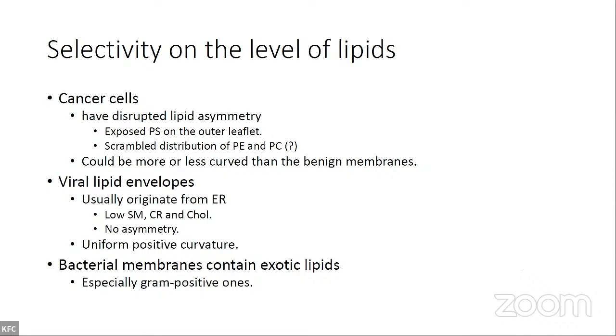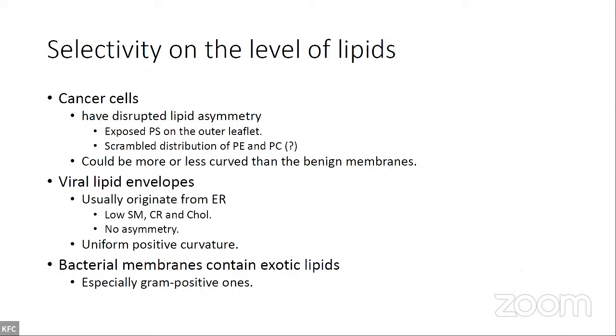So in cancer cells, phosphatidylserine is exposed to the outer monolayer of the membrane, and the overall distribution is scrambled. For example, PC and PE appear on both sides of the membrane equally, which is not the case in normal cells. And also there are some differences in the membrane curvature. For example, cancer membranes could be either less or more curved than their counterparts from normal cells.